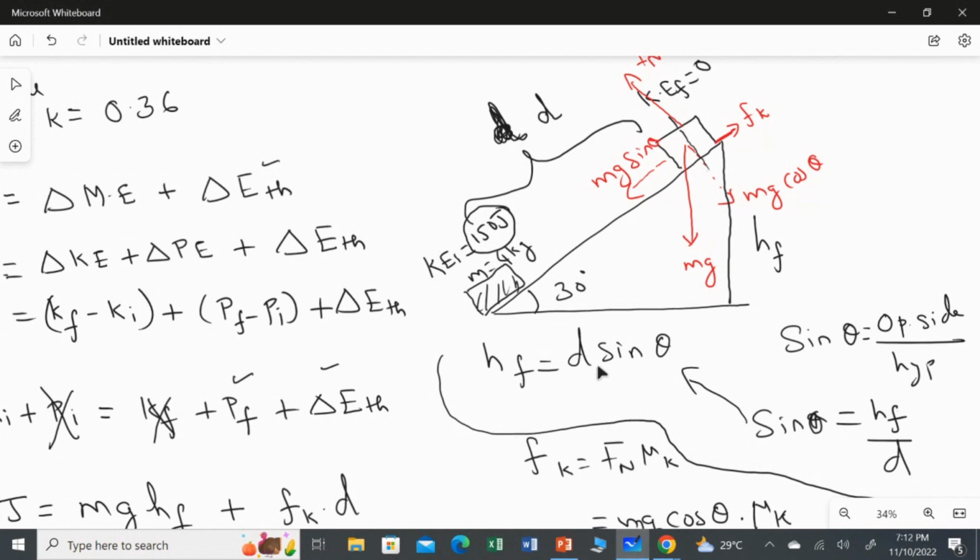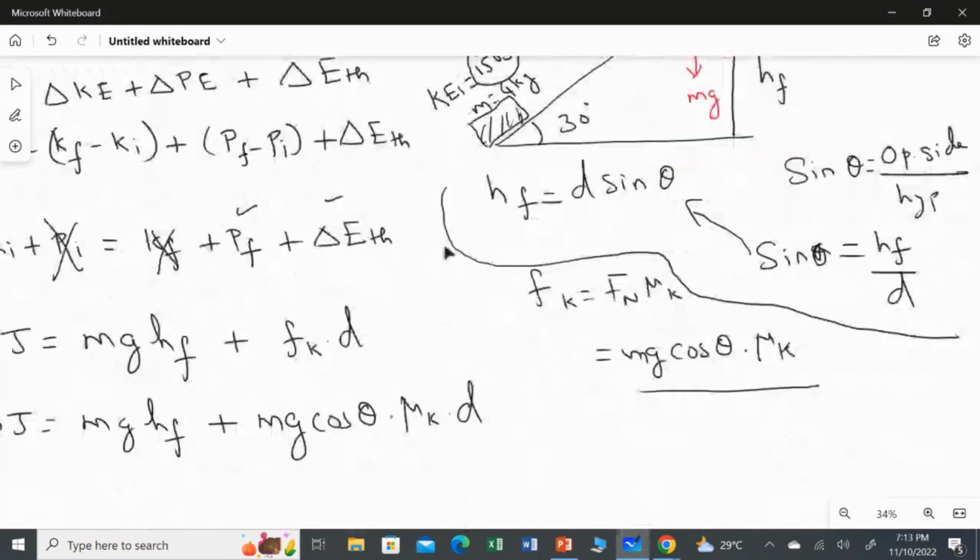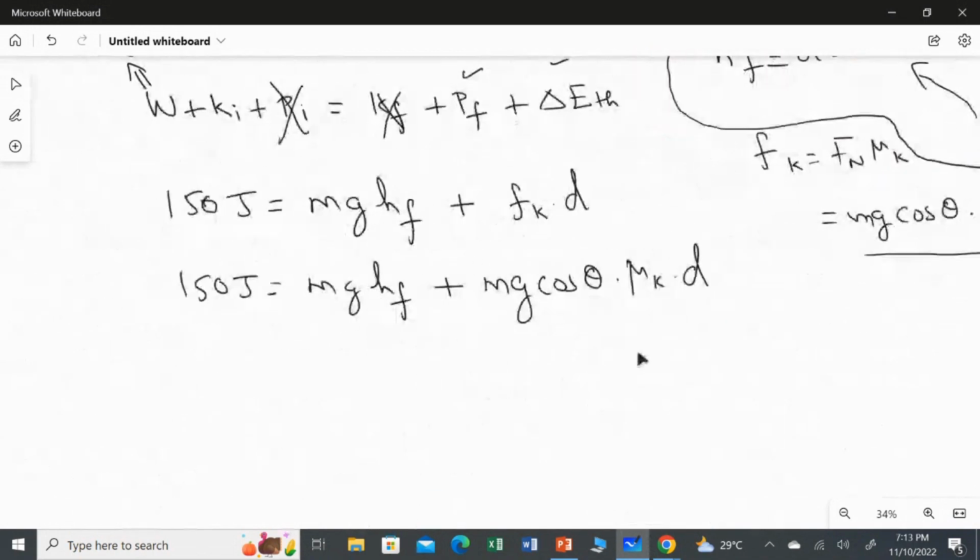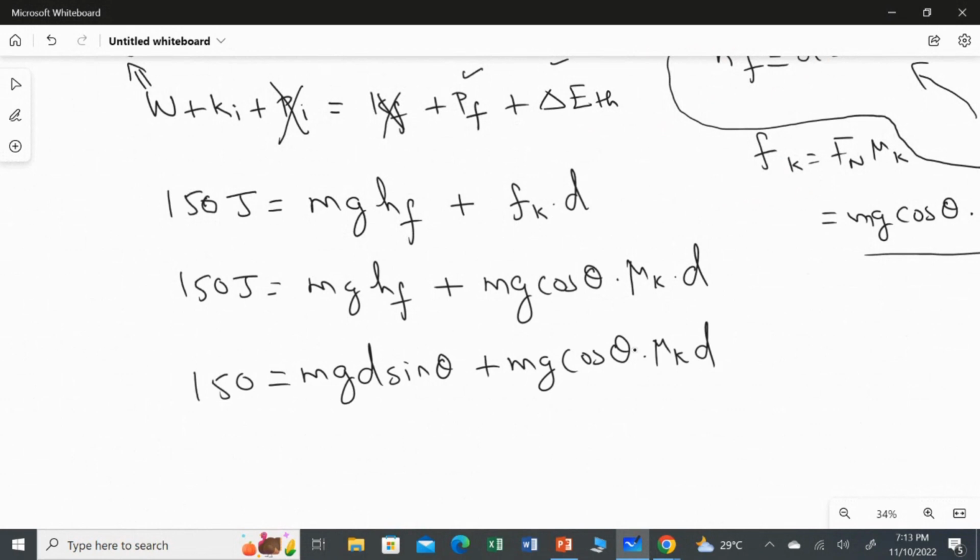Now I'm going to take this value and substitute here. So if you substitute, what will happen? You will get mg multiplied by d sine theta plus mg cosine theta multiplied by mu k multiplied by d. Left hand side you have 150 joules.